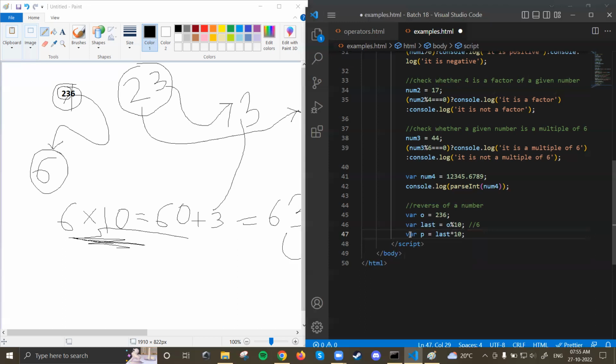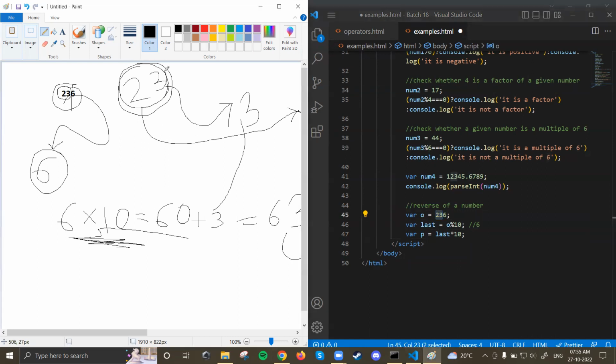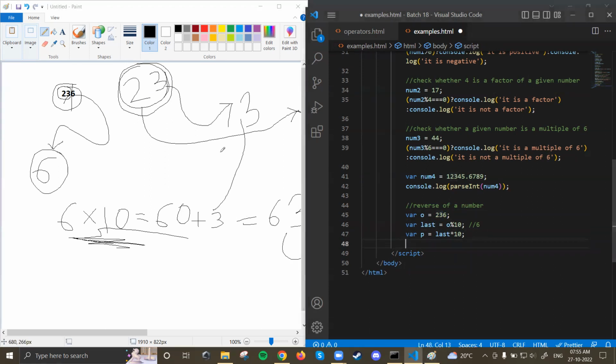Then what is the next step we have to do? We have to get the 2 and 3. That means after removing the 6, we should have 2 and 3, isn't it? How to get this part, 2 and 3? If I divide 236 by 10, what is the answer?